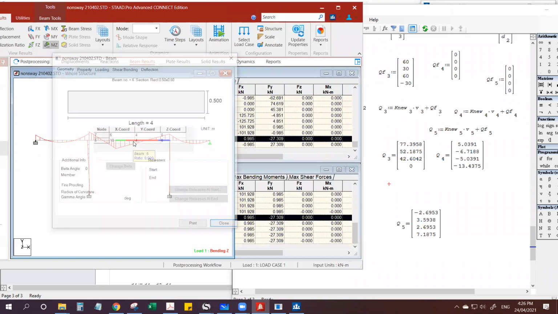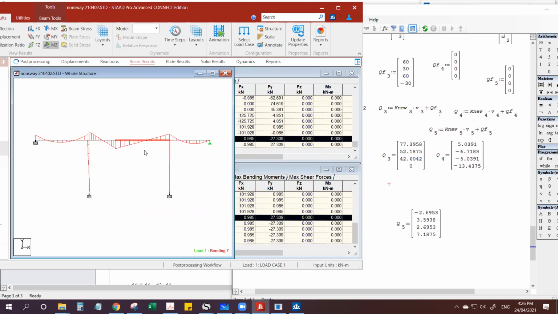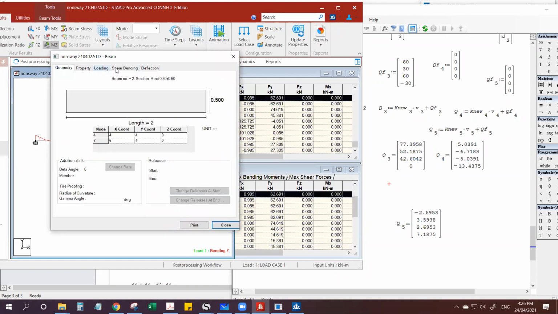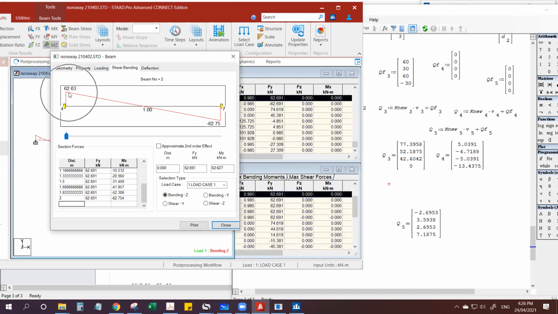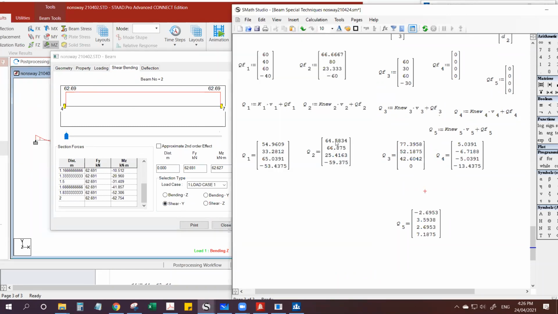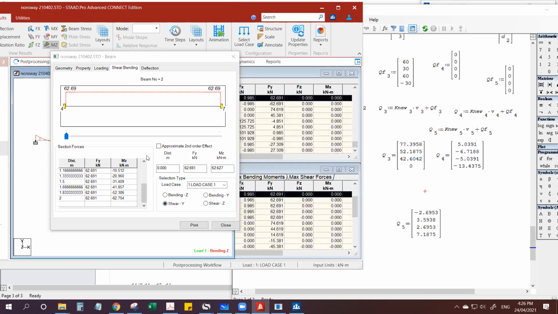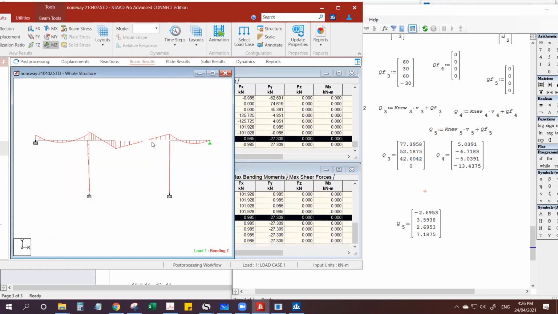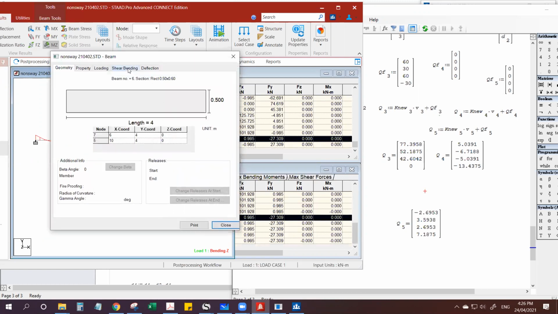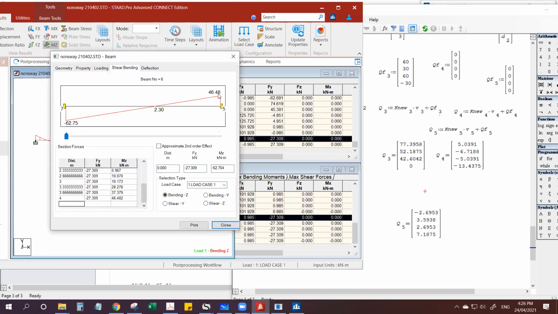Next is here member 2. Oops, sorry. Let's check the left support. 62 and the shear, same 63. Okay, I have 64 and 66. And for the right end here, shear bending 46 and 27.